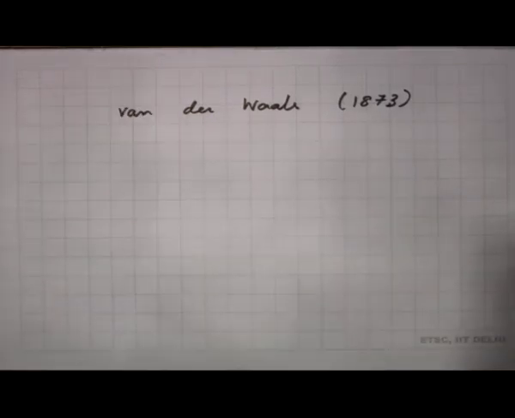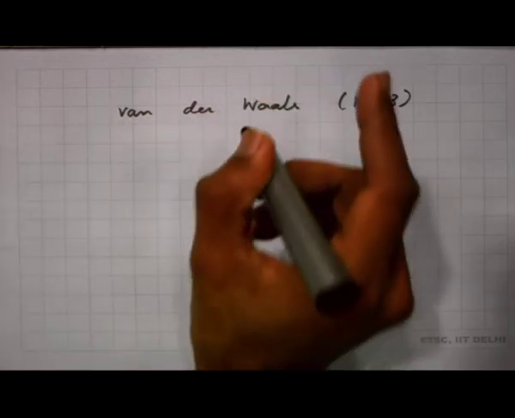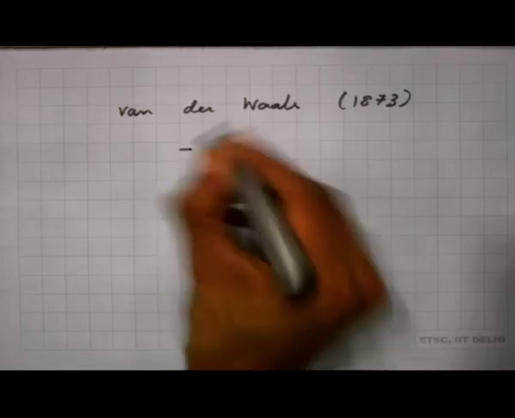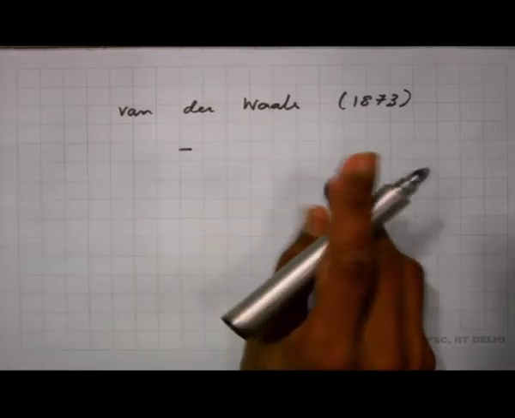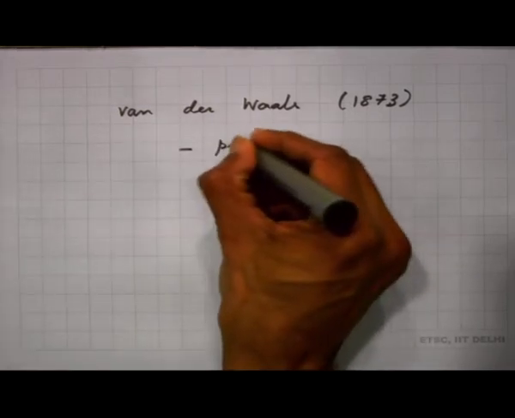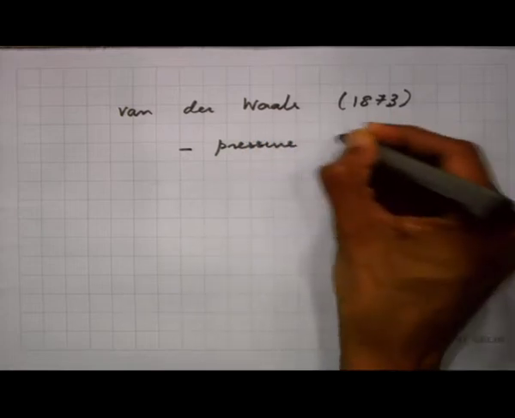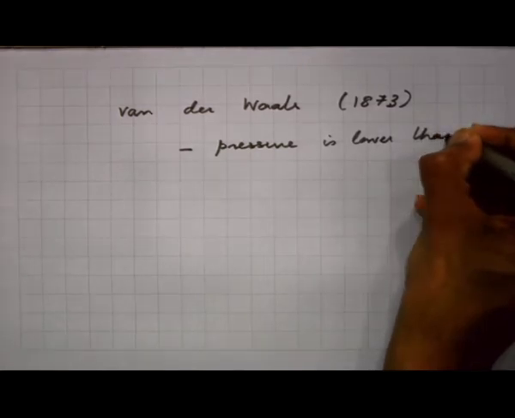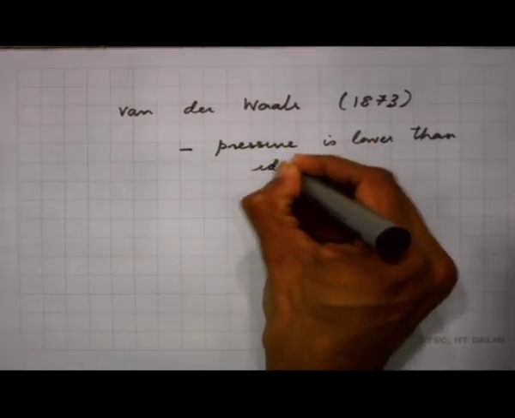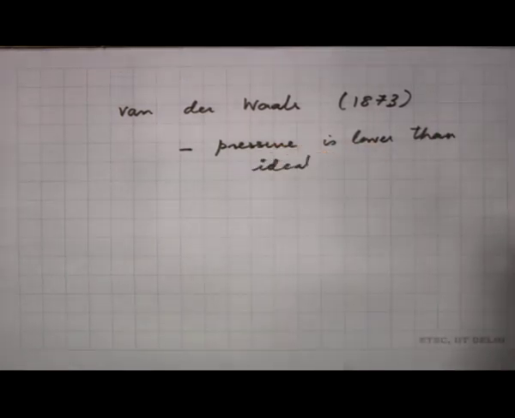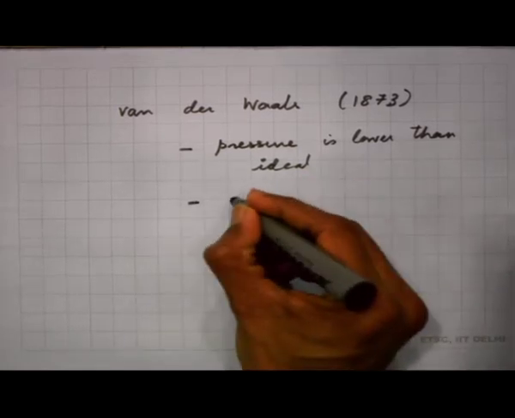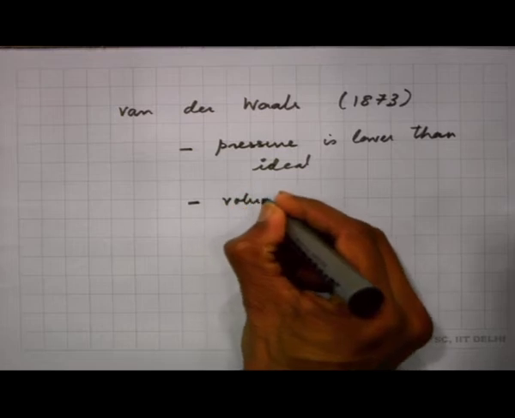So, what van der Waals did was, what are the assumptions that we have when we wrote the kinetic molecular theory? There are two things that affect. So, the pressure is lower than ideal in real gases. The second that we have to address is the volume occupied by the molecules.